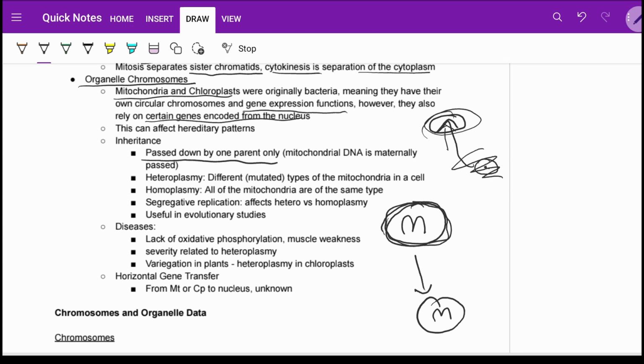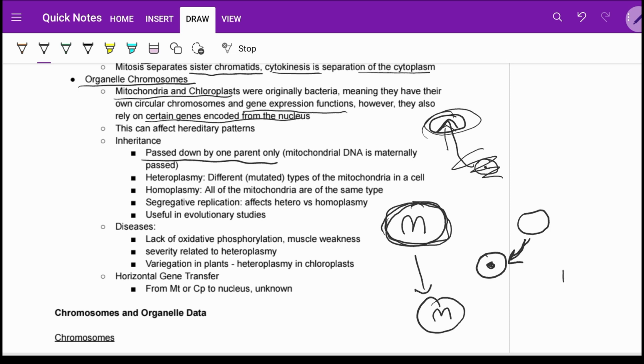Well, usually what happened is, do you remember how the mitochondria are dependent on certain genes from the nucleus? So perhaps the father gave some genes into the normal 23 chromosomes of this person, and one of his genes is defective.